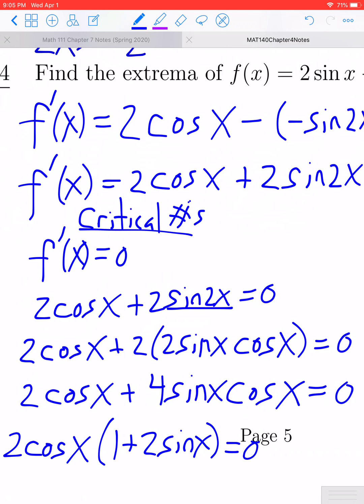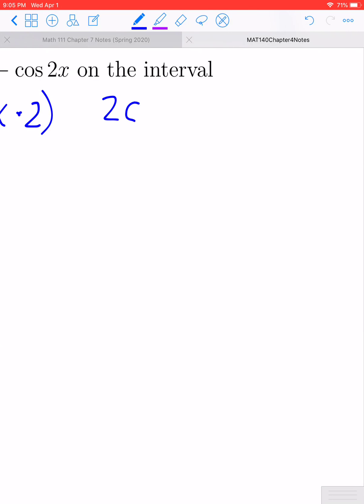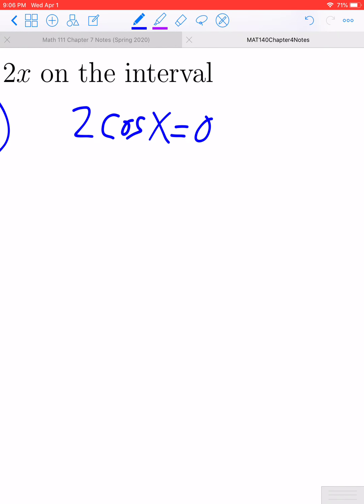And then from here, go ahead and set each of those factors equal to 0 individually. So we have 2 cosine of x equals 0, and the other one was 1 plus 2 sine x equals 0.